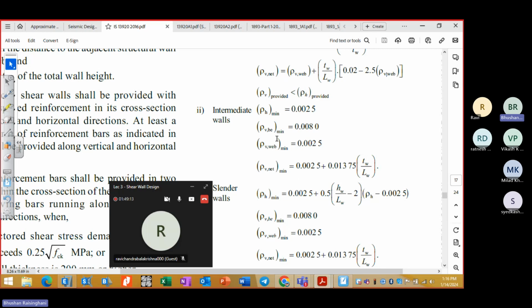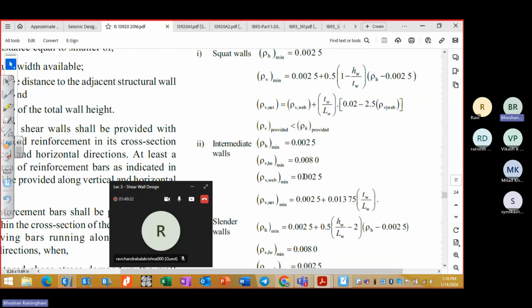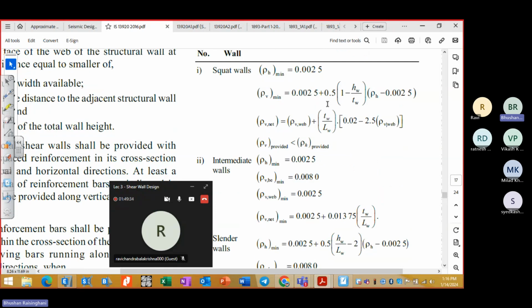And if your minimum is 0.25, sorry, this is given as 0.25%. As you can see, your net is more than 0.25%. So how can you make it? That is what I'm asking.